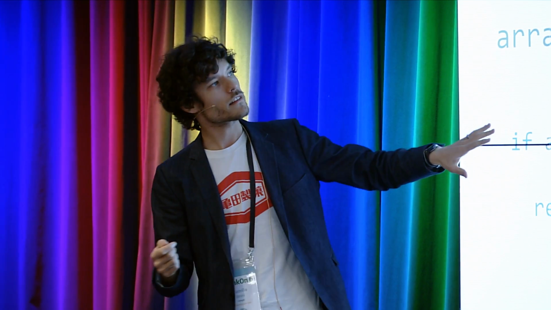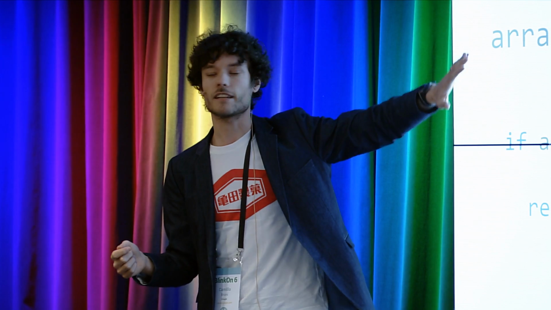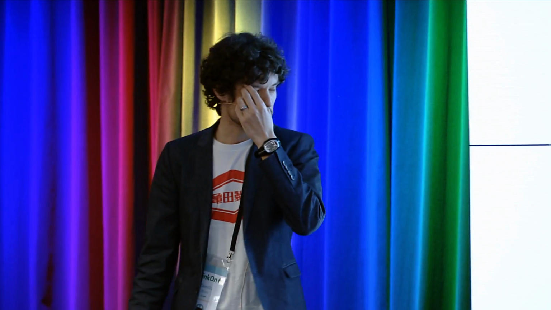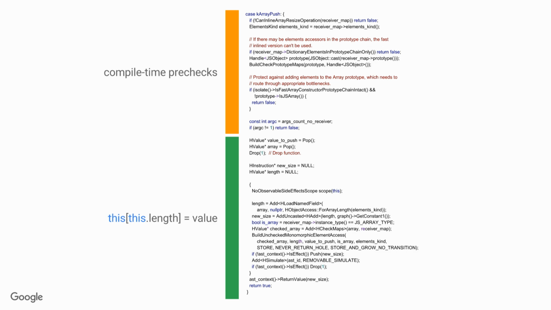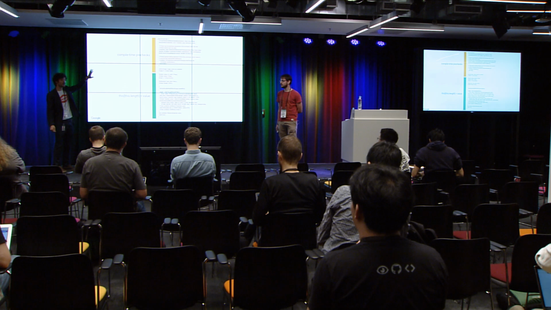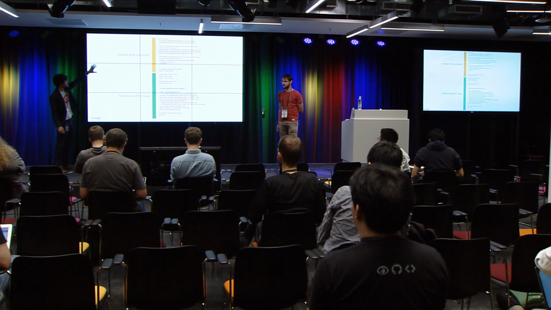But you already see that this requires quite some machinery to get to that point. We can use that in our optimizing compiler, so that we do exactly these checks at compile time. When we kept track of what arrays we get in, and we see it's actually the original one, the array prototype is still intact, that's the compile time pre-checks we do up there.